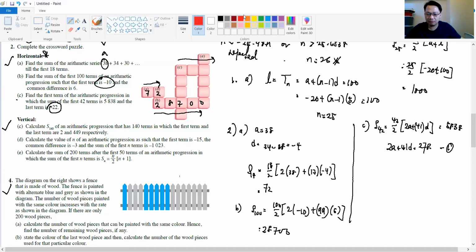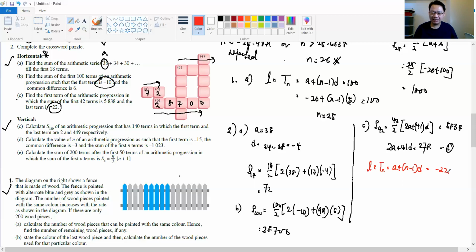Now how about the second equation? Look at the second equation. It is also given here that the last term is equal to negative 22, the L. Okay, last term L. We know that L equals Tn. Remember that. Tn equals what? A plus n minus 1 d, equals negative 22.